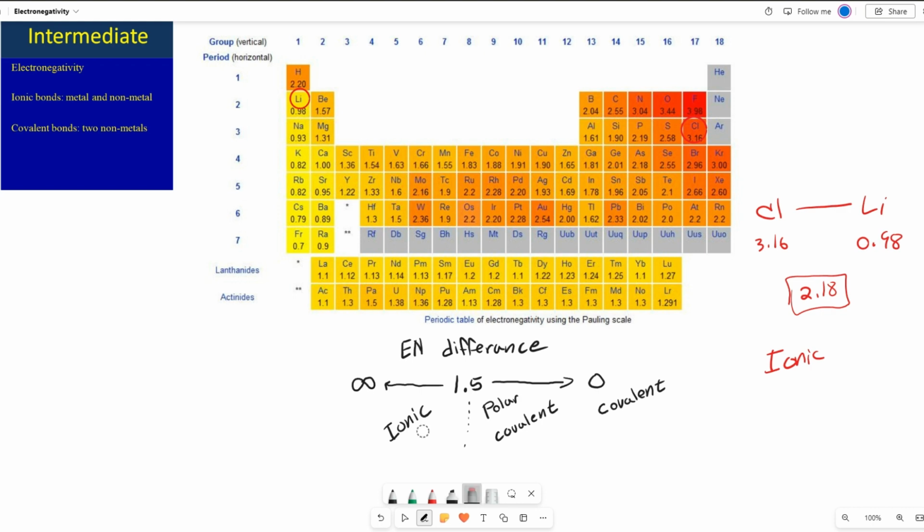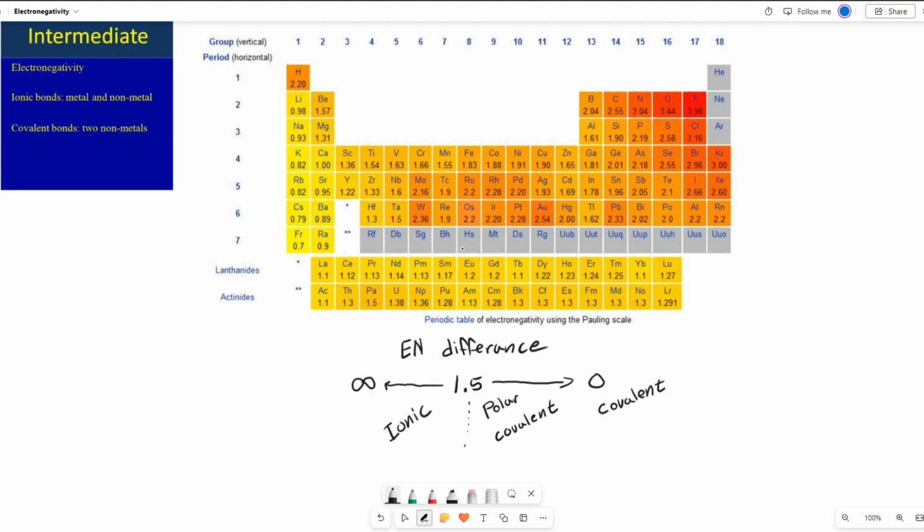So now that we know the basic rule, if you have two atoms that have an electronegativity difference greater than 1.5, it's ionic. Less than 1.5, it's either going to be polar covalent or covalent. Is there any kind of a shortcut that we can use? Because you're not always going to have access to a version of the periodic table that has the electronegativities written on it. And it turns out there is a pretty nice shortcut that we can use.